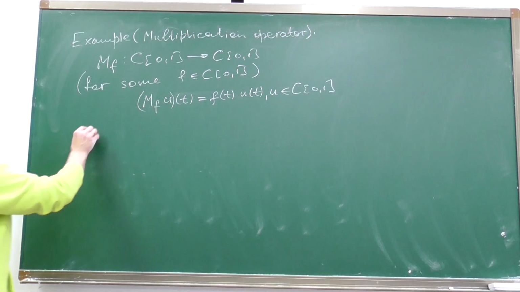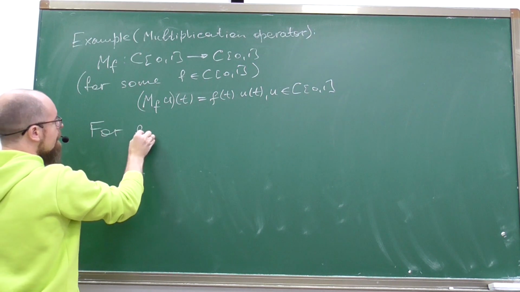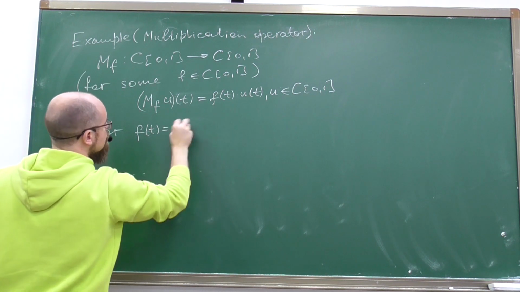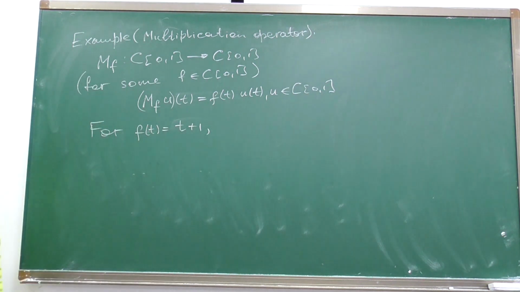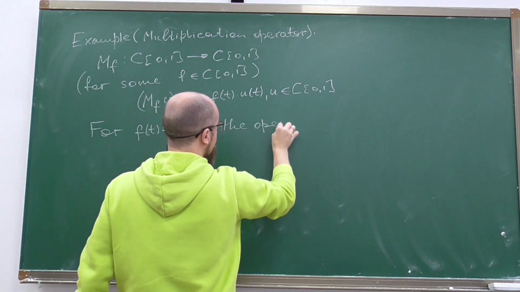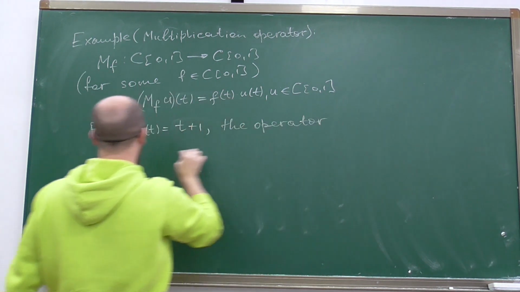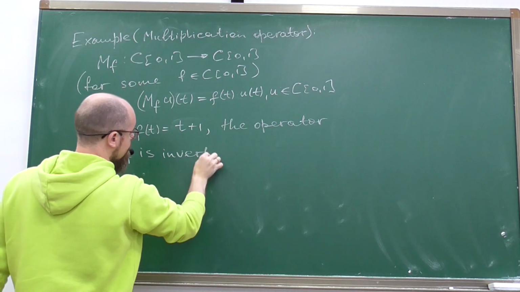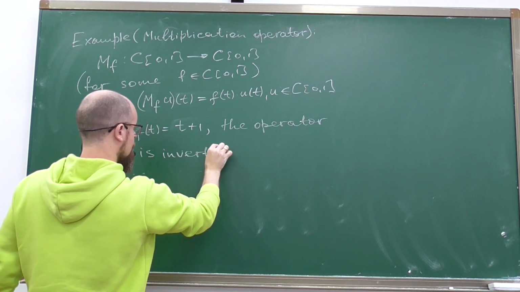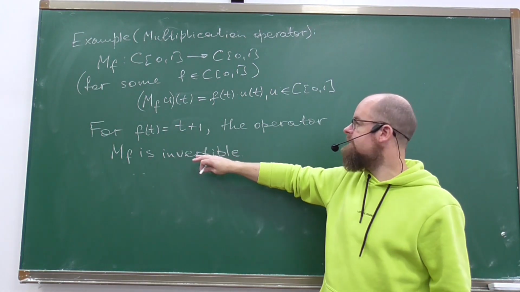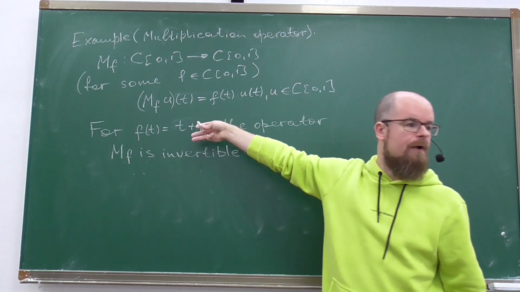And we have seen that for f equals t plus 1, this operator M_f is invertible; its inverse is a multiplication operator, multiplication by the function which is 1 over f.